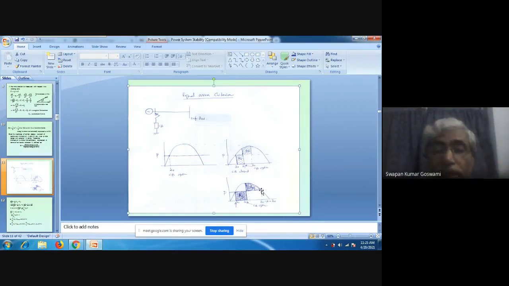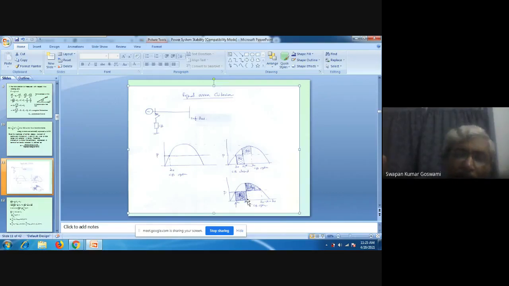So delta has not started decreasing here. It continues to increase. That indicates that the synchronous speed will not be possible to restore by the generator. The generator cannot restore the synchronous speed if we allow further delay beyond this angle delta CR.